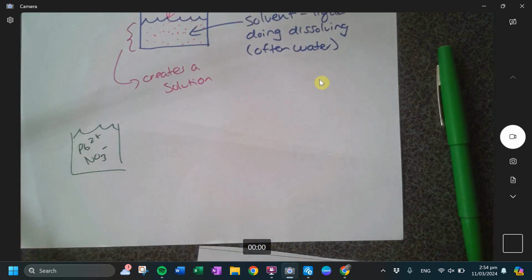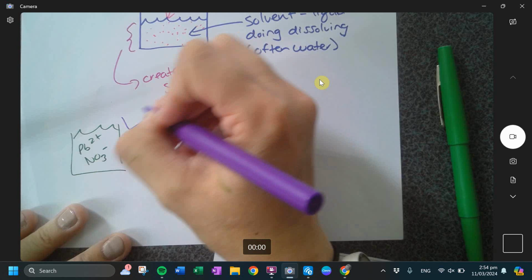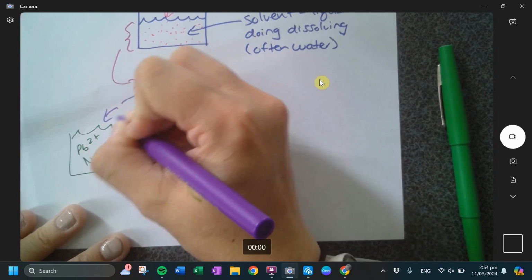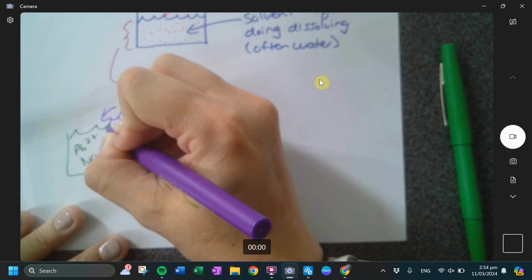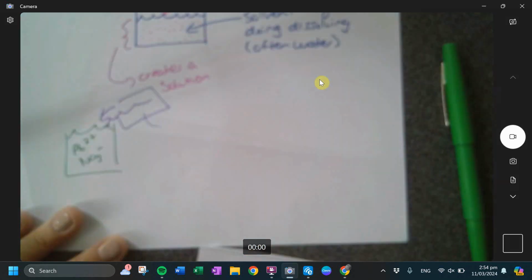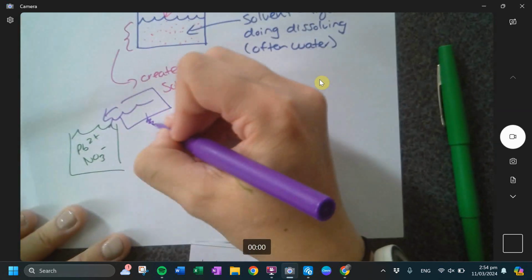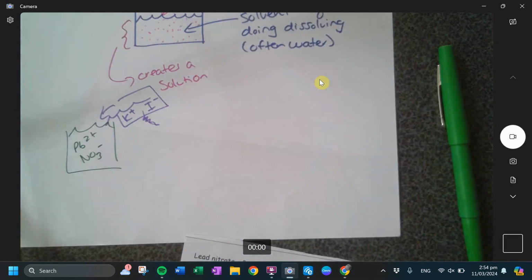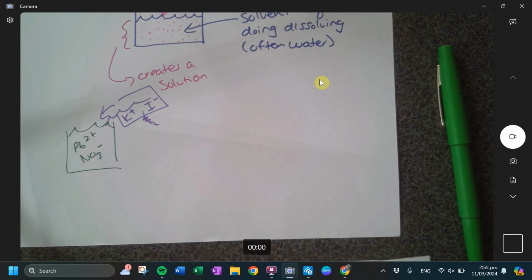I pour into that beaker another liquid, and that liquid there is potassium iodide. So it has ions of potassium and ions of iodide. Are we okay with that so far? Yeah. All right. When I mix those two things together, I get one big beaker.